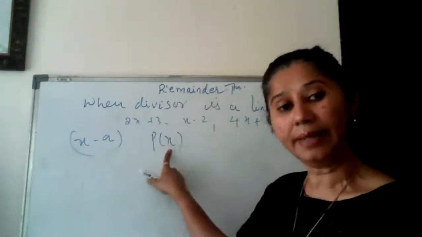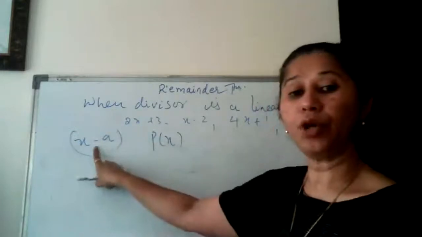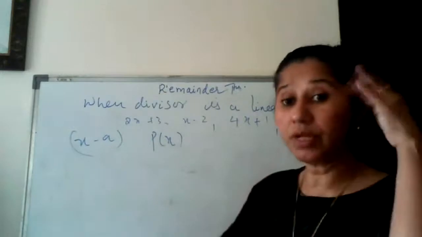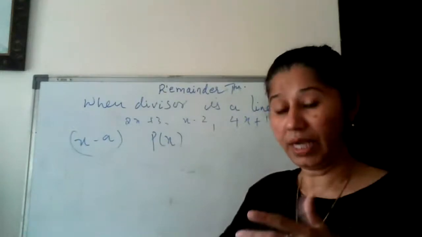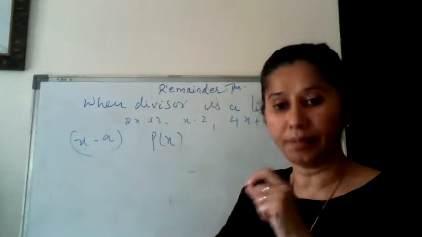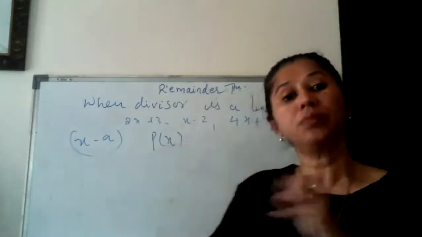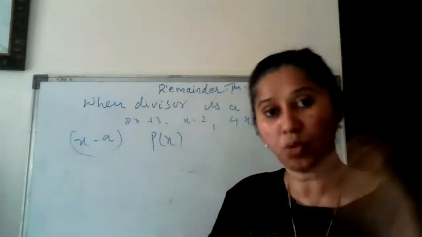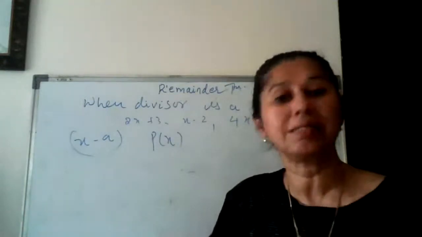When it is divided by the linear polynomial x minus a, you will remember all the steps, right? But the shorter way is how you will find the remainder. This theorem basically helps us find the remainder, and from that we can find further factors.